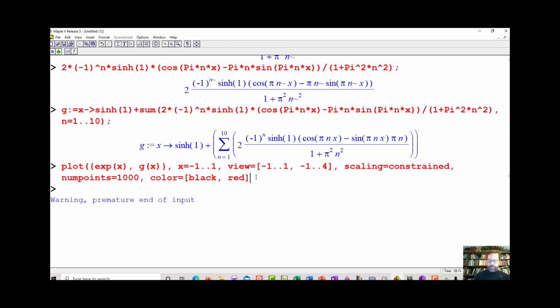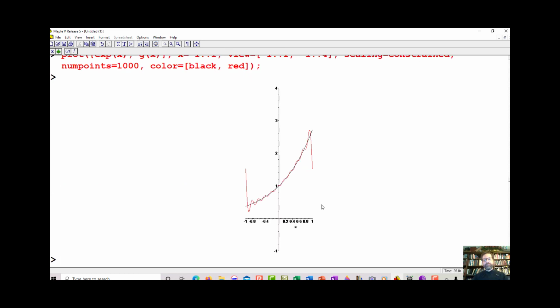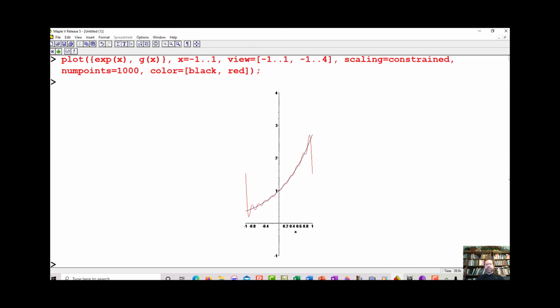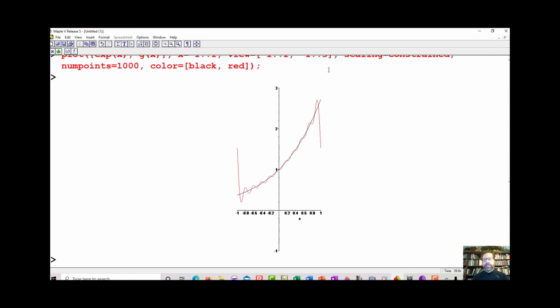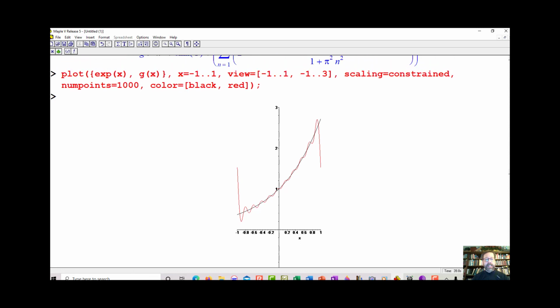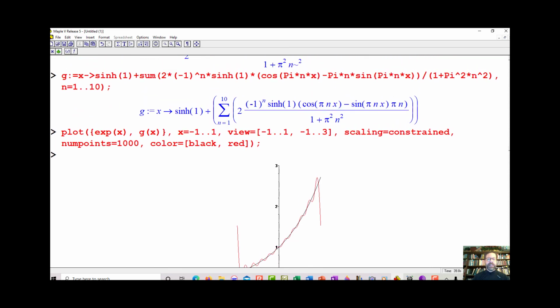I guess we didn't need to go to 4 on the y. Looks like 3 should be good enough. And we can see that the Fourier series representation, derived this time using complex analysis, works just as well as when we dealt with only the real numbers.